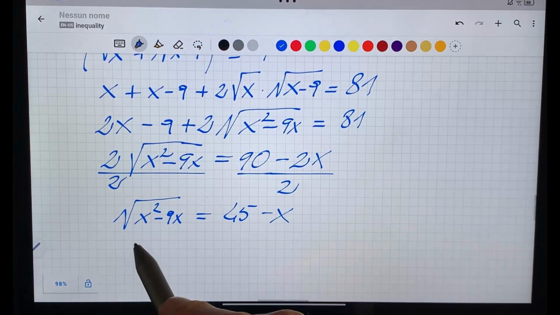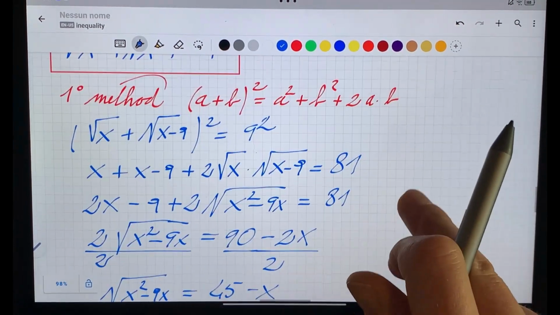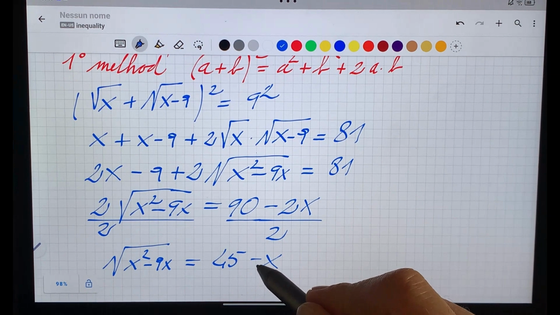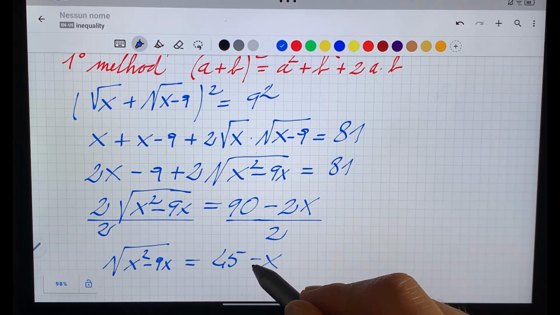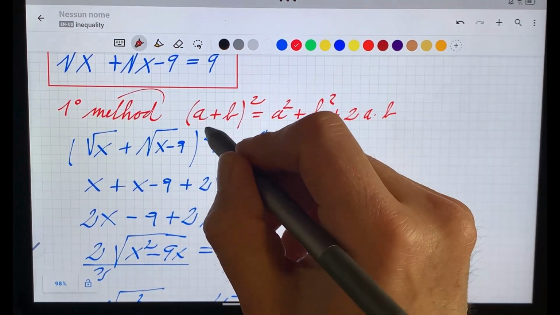And again, I will square the left hand side and I will square the right hand side. In this case, the right hand side has the second term, which is minus x, so we have to change this formula.